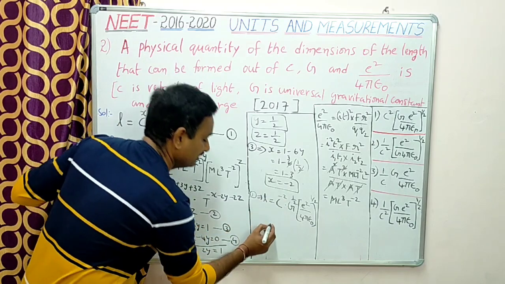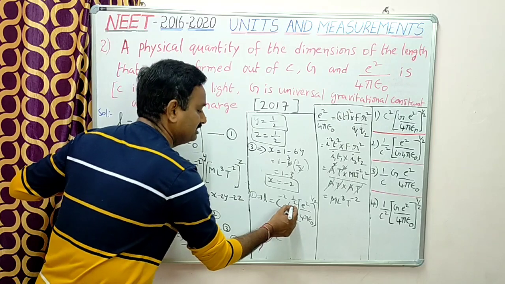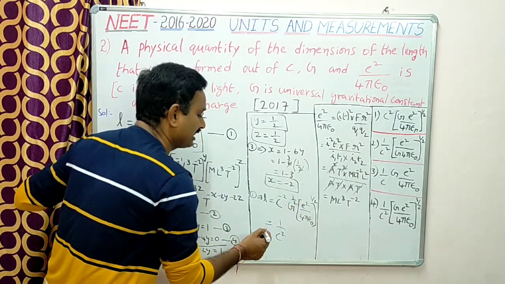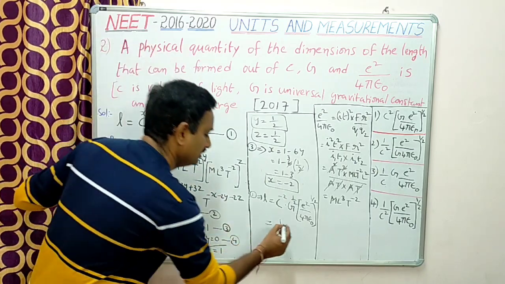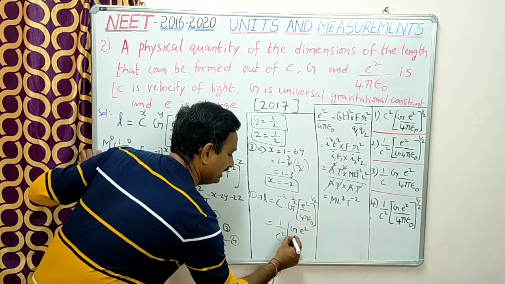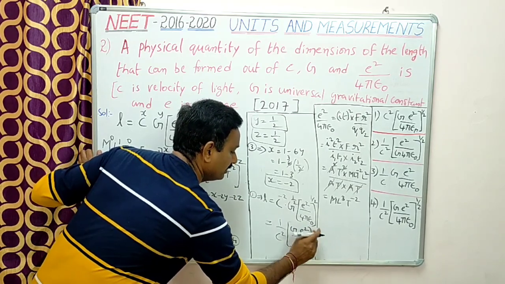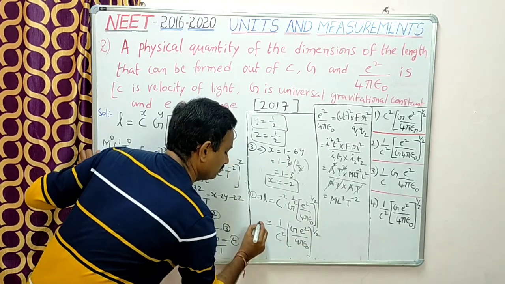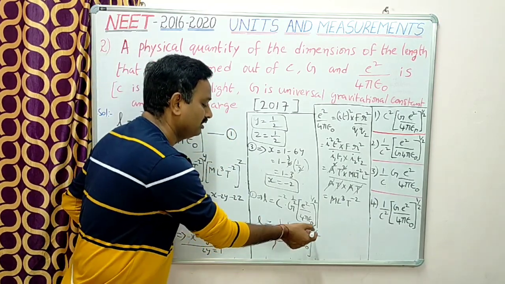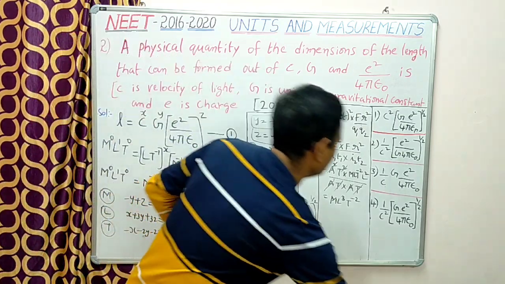See, c power minus 2 means 1 by c square. G power half into e square by 4 pi epsilon naught power half. Half means I can write combinedly half for both the terms, that is G e square by 4 pi epsilon naught whole power 1 by 2. So finally I got L equal to 1 by c square into G e square by 4 pi epsilon naught power 1 by 2. So from the given options, answer is 4.